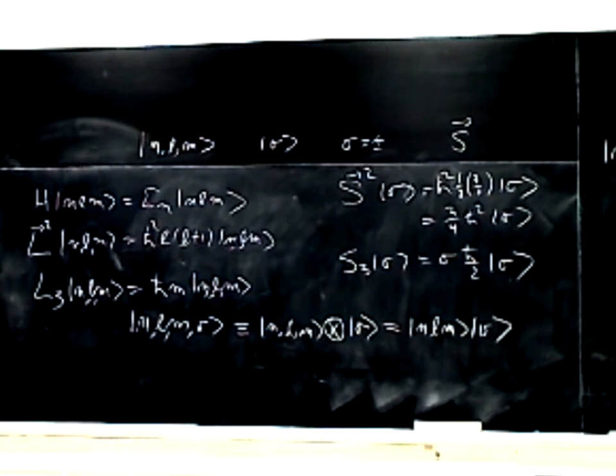And in fact, the coefficients would be easily written. They would be <nlmσ|n j j3>. So these are numbers, complex numbers, and we would be summing them over l, m, and sigma.